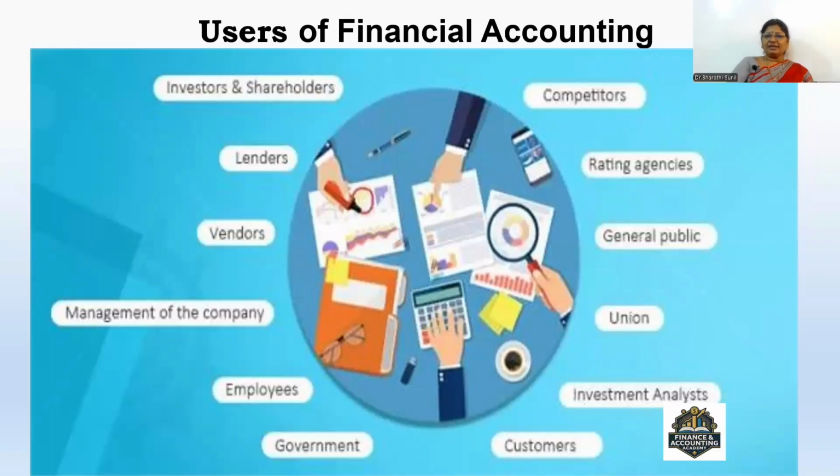So they also show interest in financial accounting. Next, suppliers. Suppliers provide raw materials or services to the business. So they are interested in timely payments by the company and they want long-term relationships with the business. So for that purpose, they require financial accounting.